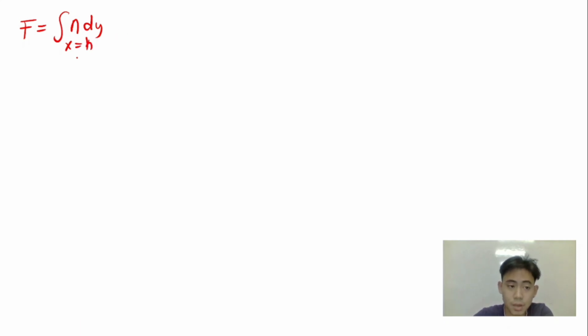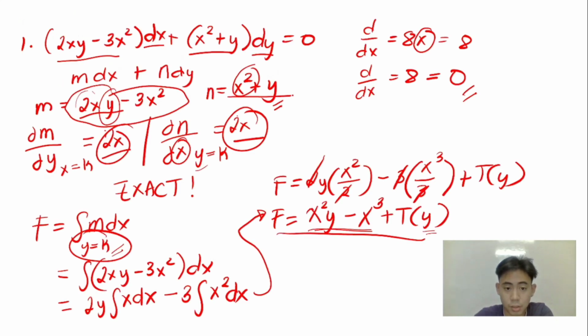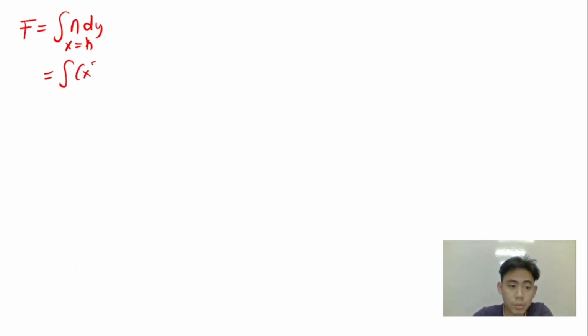Okay? So, ano nga bang integral ni n dy? First, ano nga ba si n? Ang n natin is ito. Itong x squared plus y. So, x squared plus y times dy. Okay? Lahat ng x, isa-set natin as a constant. So, distribute natin, labas natin ang integral sign, yung x squared because constant siya.